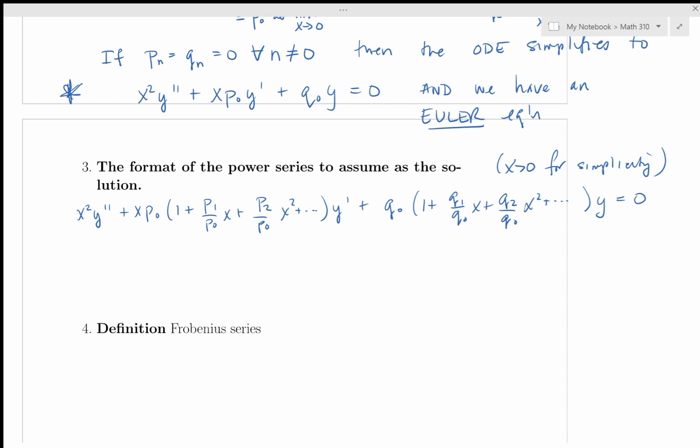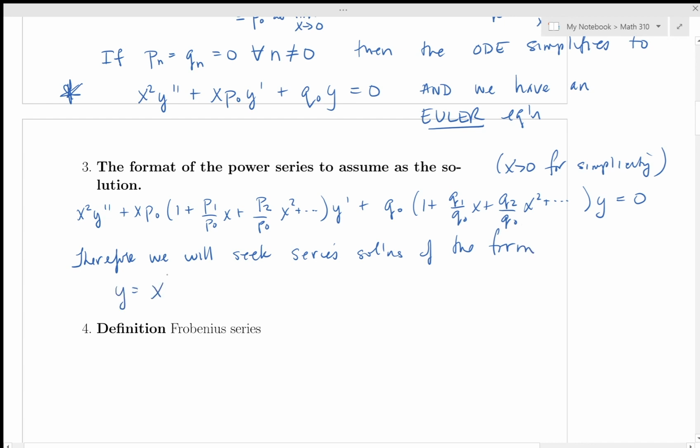Okay, and so we are going to then seek series solutions of the form y equals x to the r. That's what we did for the Euler equation, multiplied by a power series.